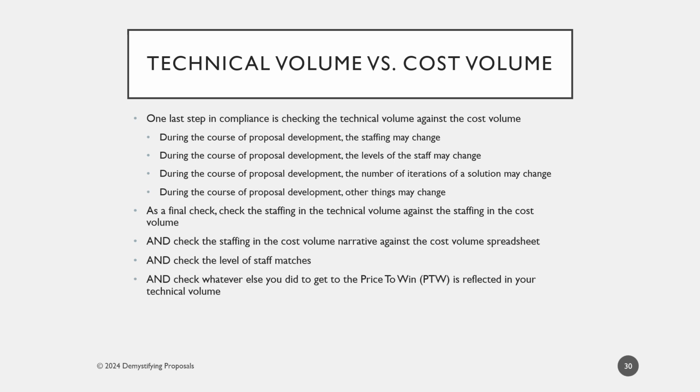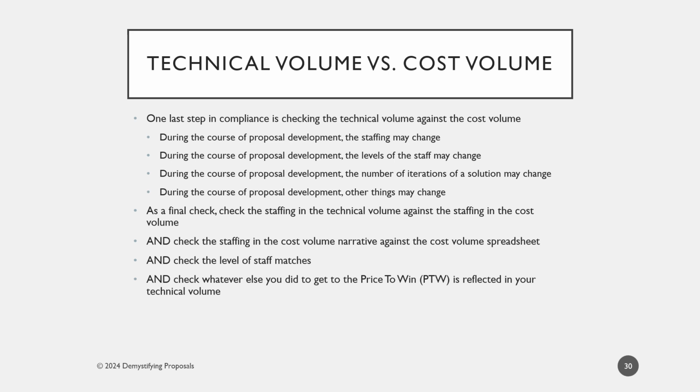Again, another thing that might have changed is the number of iterations on a solution. So what's in your work breakdown structure may have changed the number of iterations in order, again, for that price to win to be met. Make sure that whatever in your proposal on the technical volume side reflects that same information. So as a last check, the staffing in the technical volume against the staffing in the cost volume.